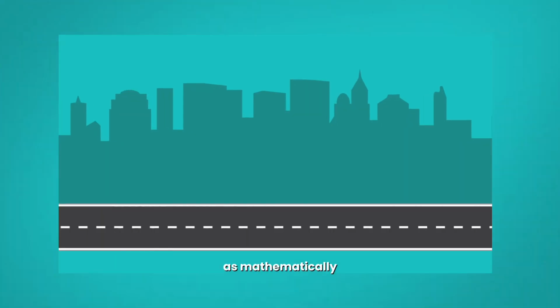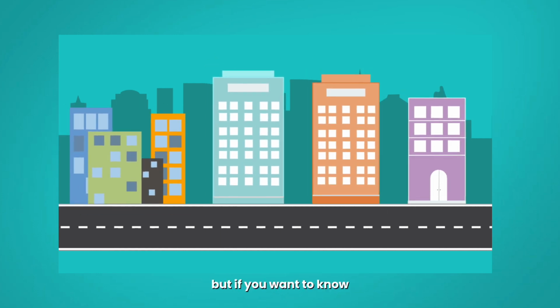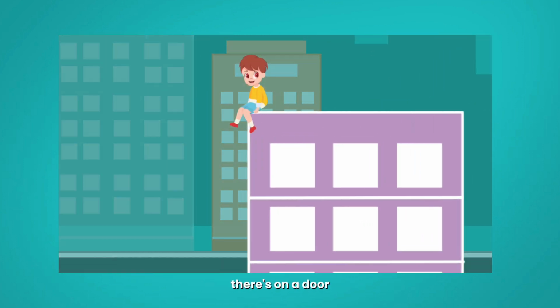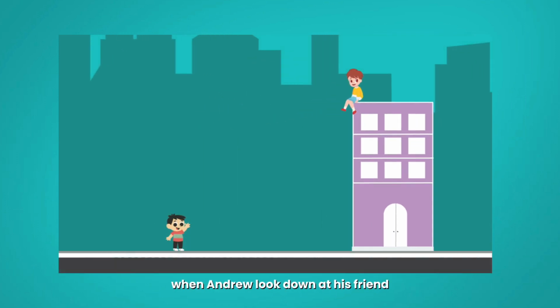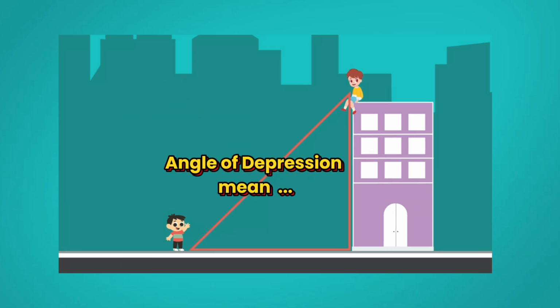Mathematically, all we really need to capture what's going on here is a triangle. But if you want, draw a little building. We've got some windows, there's a door. So, of course, when Andrew looks down at his friend, he is looking at an angle of depression. But remember, what does an angle of depression mean?